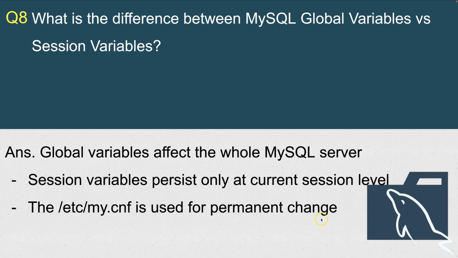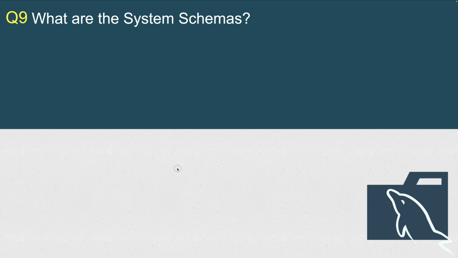This is very, very important. I myself have a few times missed this piece. I made the changes, set global, and I thought that it would persist. It will affect the whole MySQL server, but it will not persist beyond the rebooting of a system. So this is a very important point to understand.